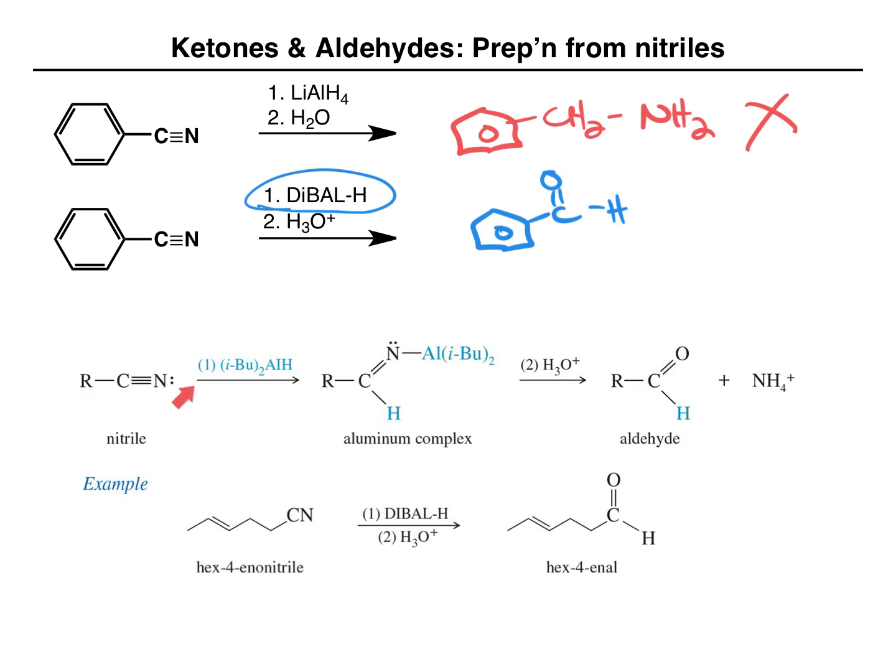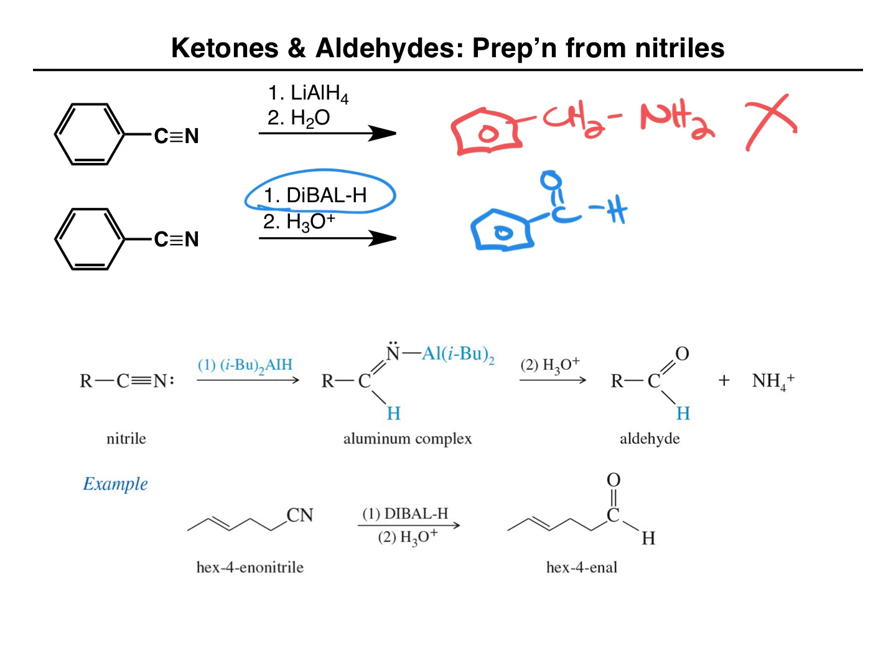The nitrile becomes the aldehyde, where the nitrile carbon becomes the carbonyl carbon. The hydrogen of the aldehyde, this came from the DIBAL. And then the nitrogen part of the nitrile, that is going to be an ammonium byproduct.